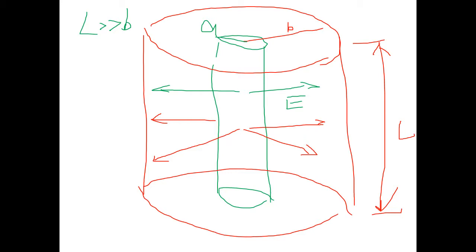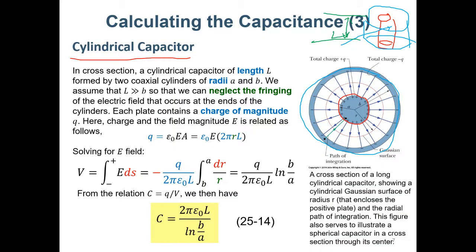This is facing this way, that is facing that way, but in cylindrical coordinates they are the same. Or you can think that E dot dA is constant.